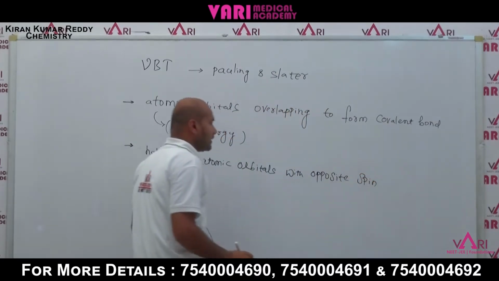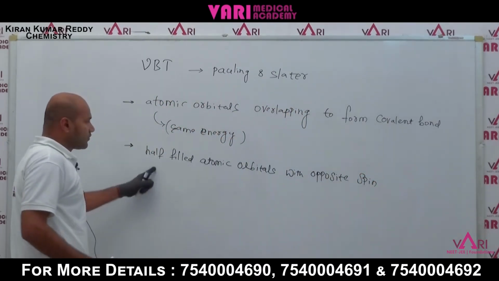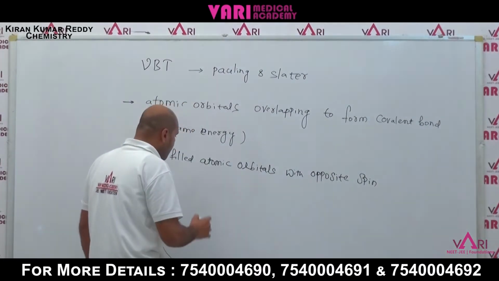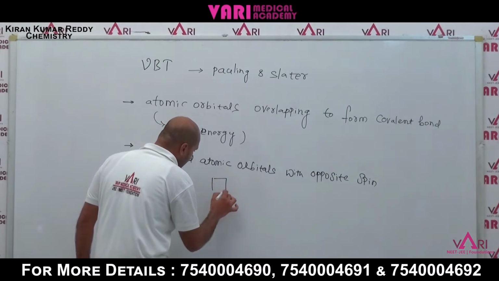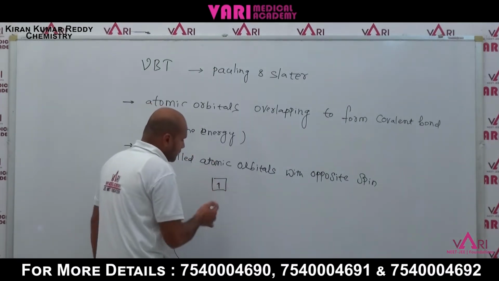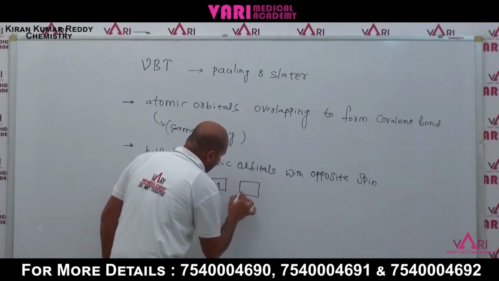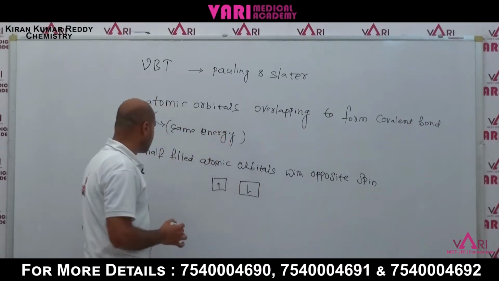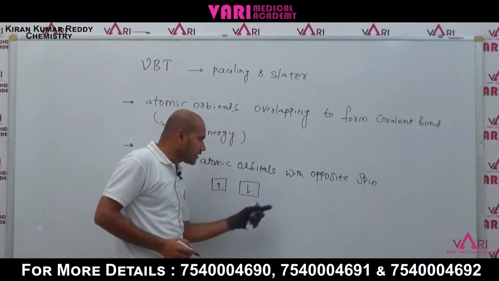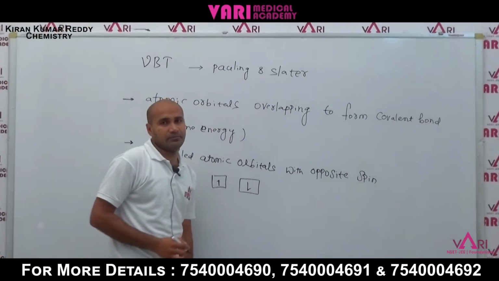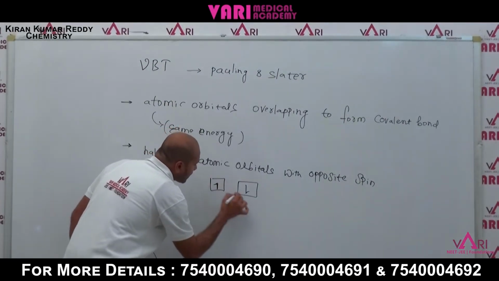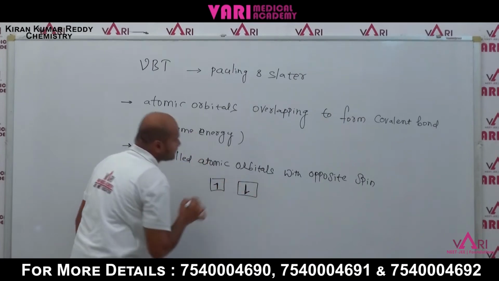They are involved in overlapping. If half-filled, we can take this as a half-filled orbital: one electron is above and another one is like this. These half-filled orbitals have opposite spin. The opposite spin: this one is on the above side, this one is on the below side.